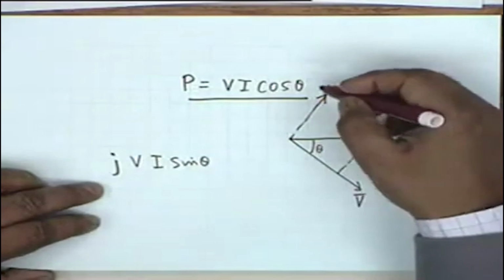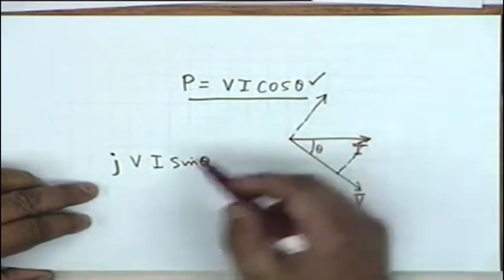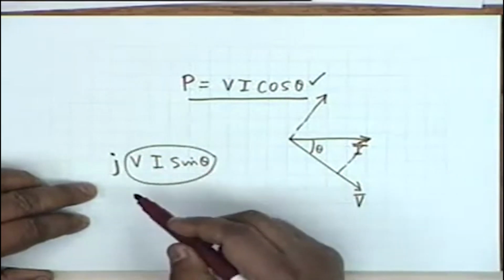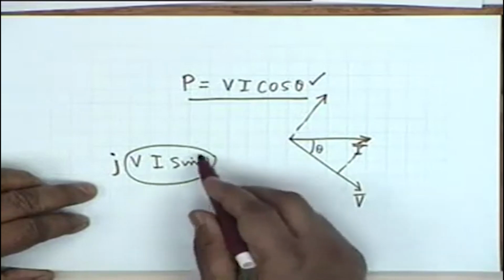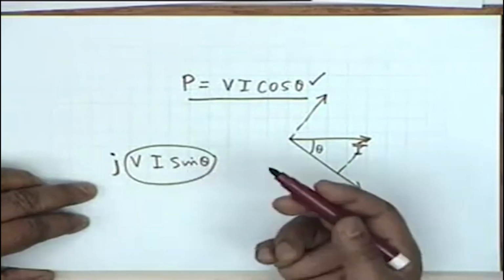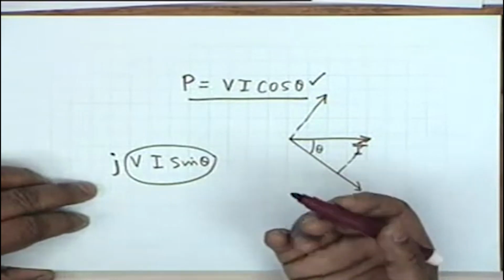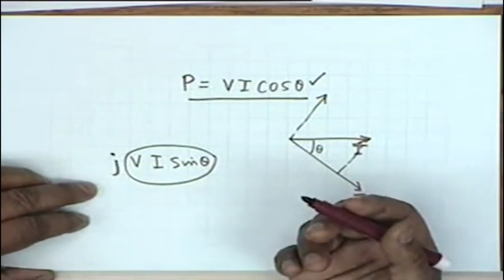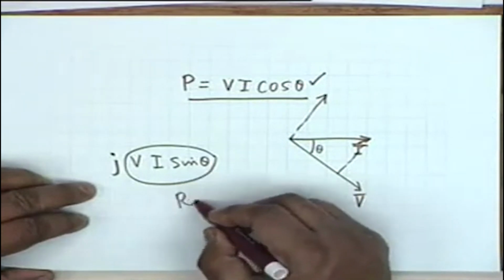This is 90 degrees away from Vi cosine theta, and this quantity Vi sine theta is called the reactive power, because it does not cause any absorption or dissipation of energy. In a reactance, average power is equal to 0, and this quantity is called the reactive power.